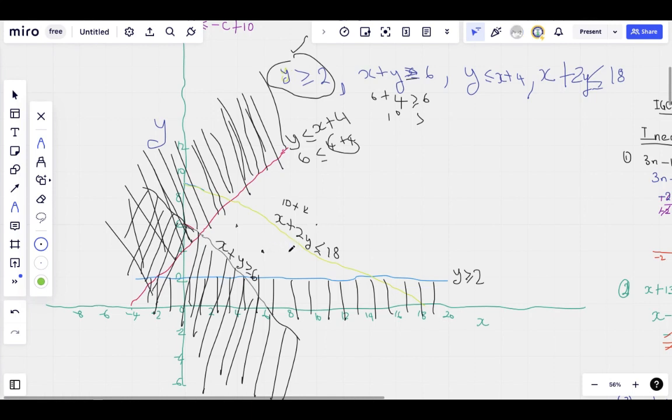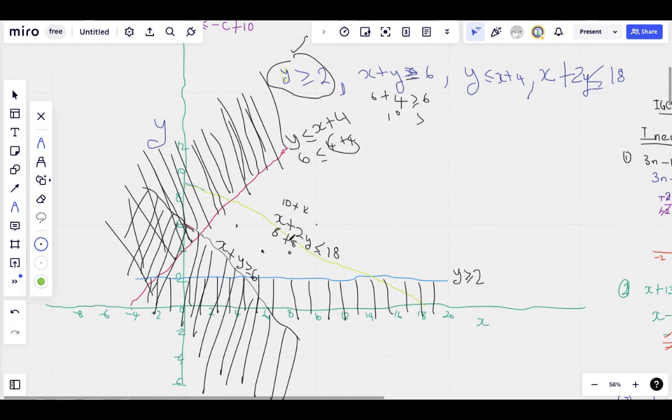Let's test a point here now to see. You see the x value is 8 and the y value is 4. Since y is 4, 2 times 4, we get 8.